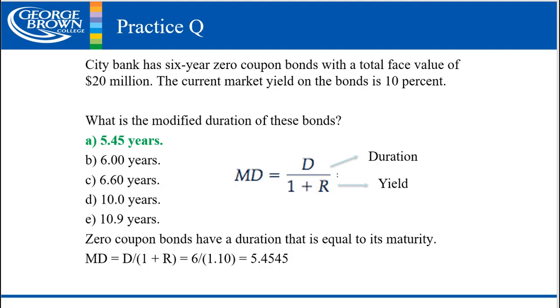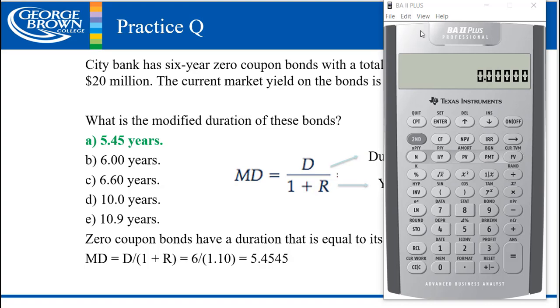So modified duration, D over 1 plus R, equals 6 divided by 1.1, and that gives us 5.4545. So if we just bring up the financial calculator very quickly, it's easy: 6 divided by 1.1 equals 5.45455. So clearly the correct answer is A. We need to know how to calculate modified duration equals D over 1 plus R.